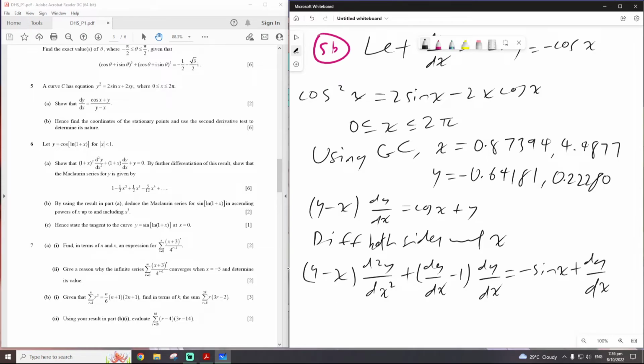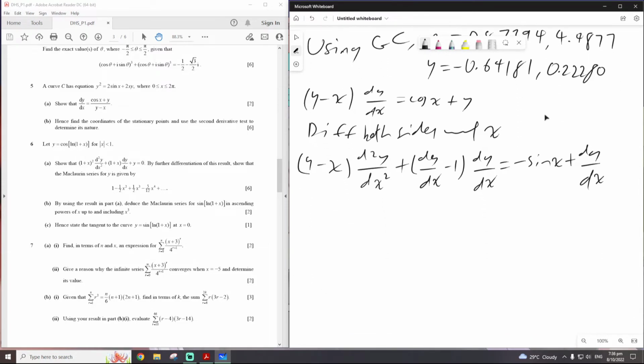Okay, and if you want, you can obtain d²y/dx² as the subject. Actually no, we don't need to make d²y/dx² the subject, because we're going to let dy/dx be 0 anyway.